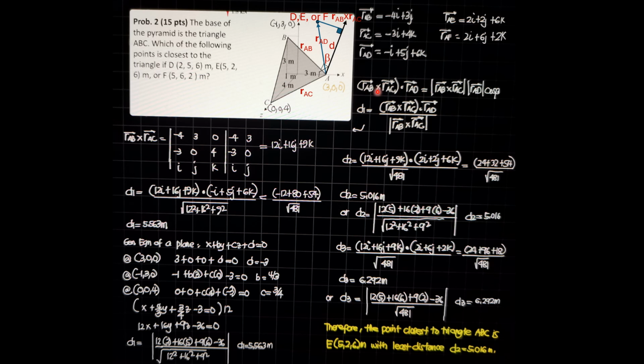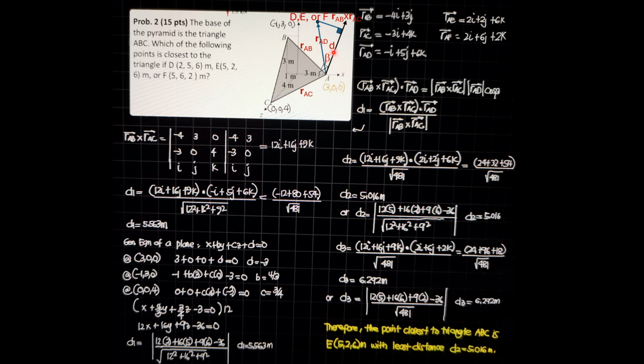We then set up RAB cross RAC dot RAD, or RAE, or RAF. So this is expanded by the dot product formula, the magnitude of RAB cross RAC, then the magnitude of RAD cosine of beta.